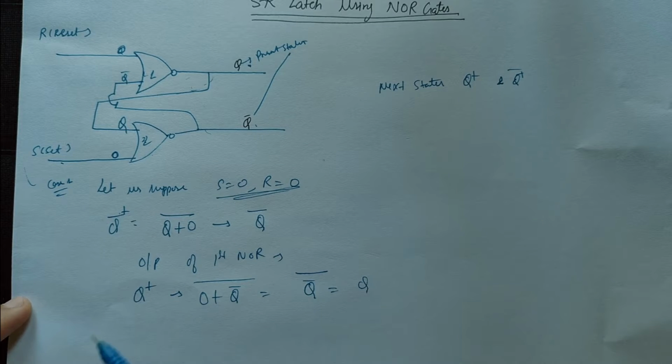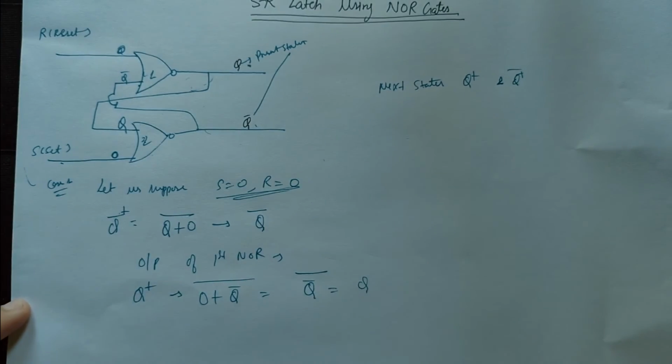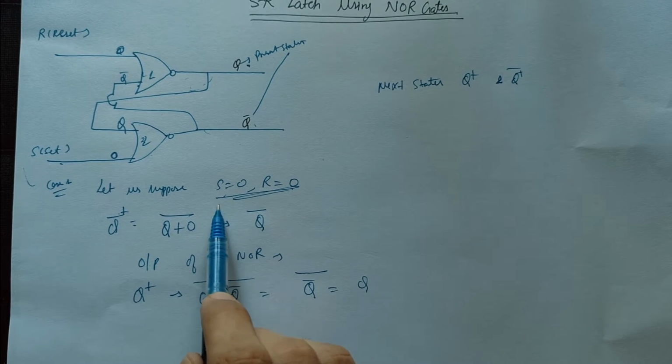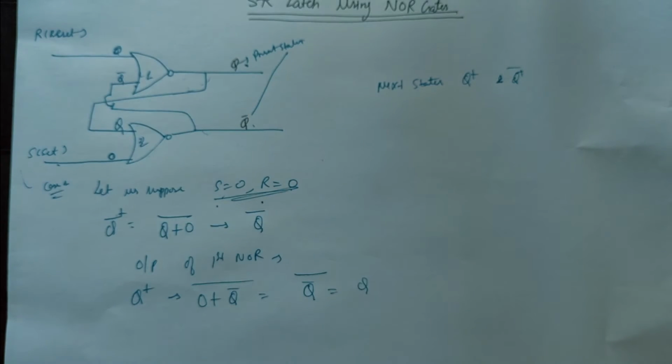So the circuit is holding, storing these values at S equal to 0 and R equal to 0. Whenever I apply S equal to 0 and R equal to 0, the output is not going to change, which means whatever the previous input was and whatever the output was for it, that output would be retained by the circuit, and hence it is called a memory state or memory element.